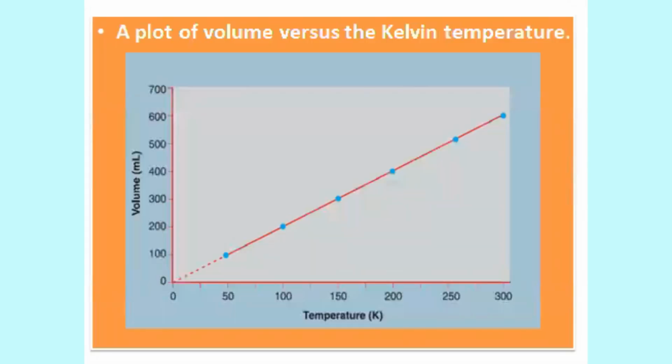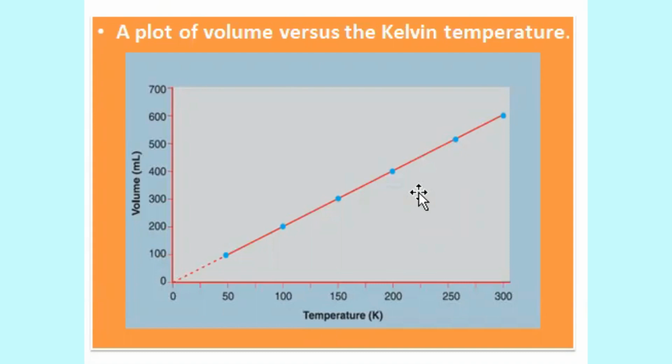This is the graph that shows the direct relationship between volume and temperature, okay? The graph is drawn using volume versus temperature in Kelvin. Direct is a linear graph, the direct relationship between the Kelvin scale temperature and the volume, not the Celsius or the Fahrenheit scale temperature.